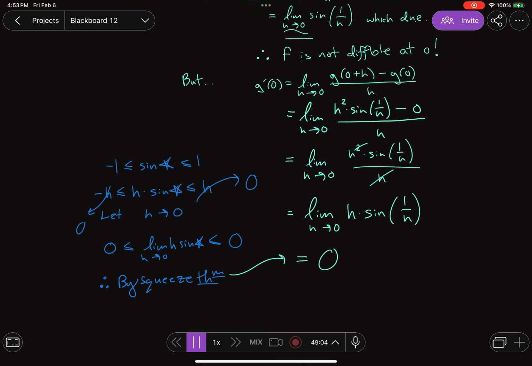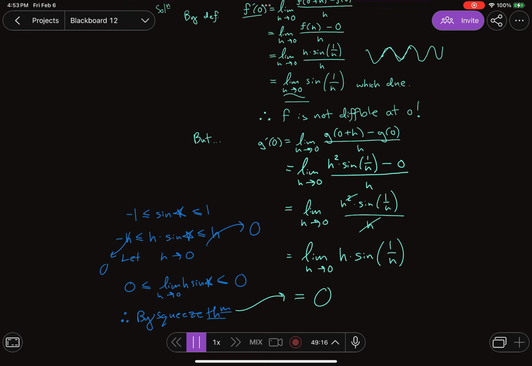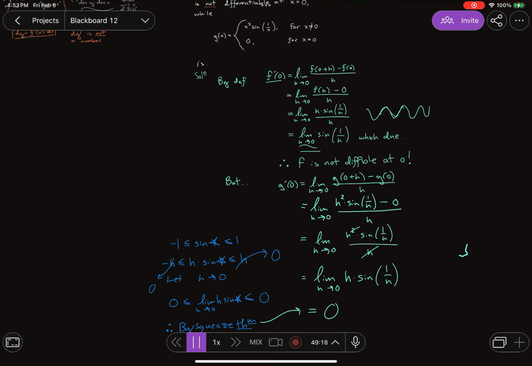All right. And that's perfectly well defined. So if this thing right here, g prime of 0, exists, which we just showed it does, that means that g is differentiable at 0, and we have accomplished the task that we set out to do. So we just showed that f of x is not differentiable at 0 because we have the limit of this sine function.